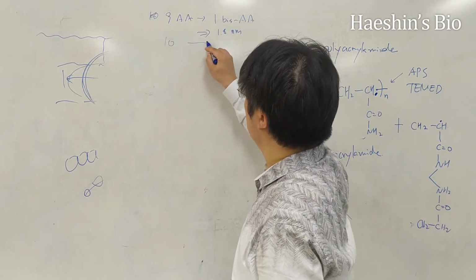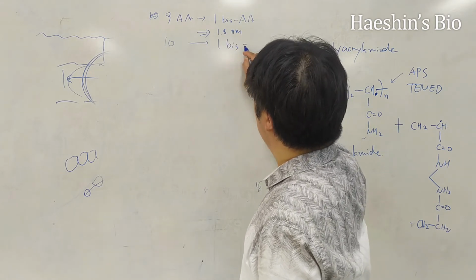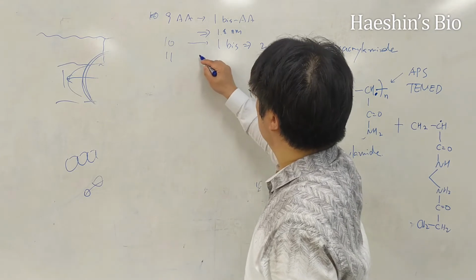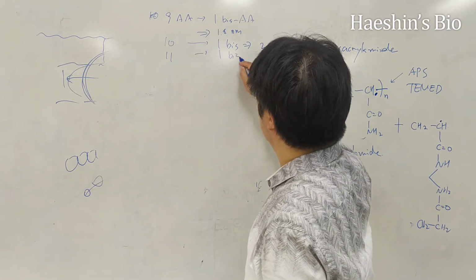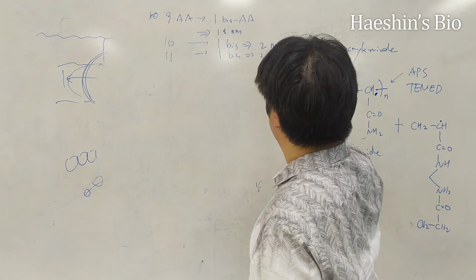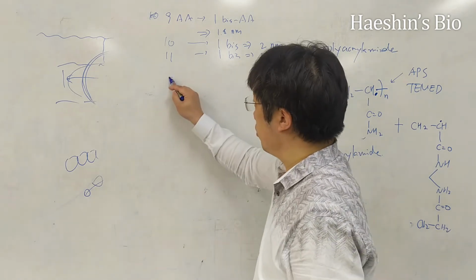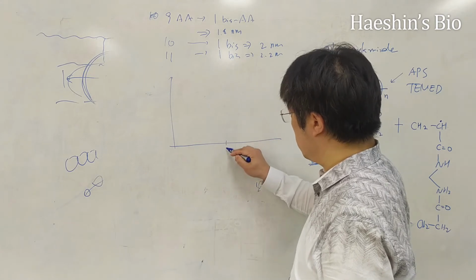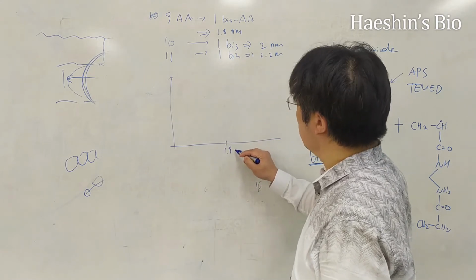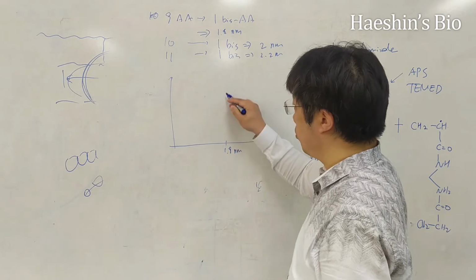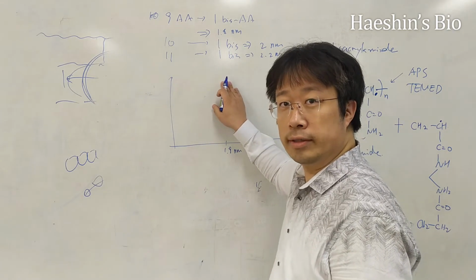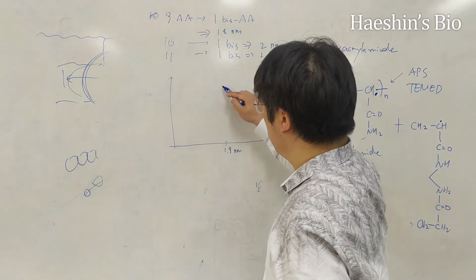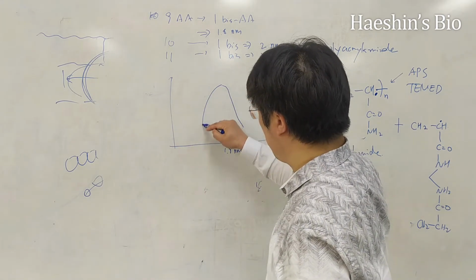So 10 and 1 bis provides 2 nanometers, but 11 and then 1 bis provides about 2.2 nanometers, and so forth. So we have a distribution now. Then say about 1.8 nanometers of the pore is probably the most abundant pore size in length, but they can be distributed this way.